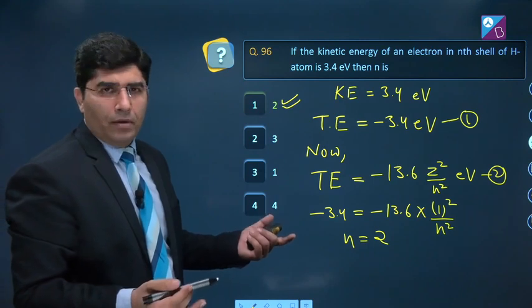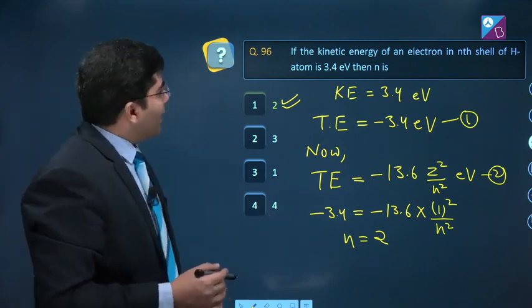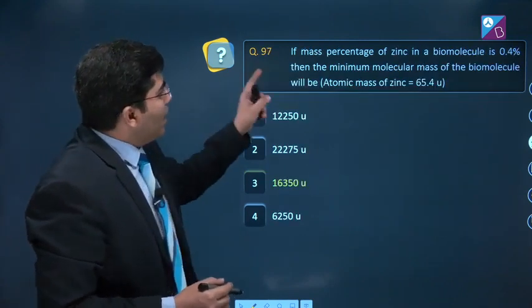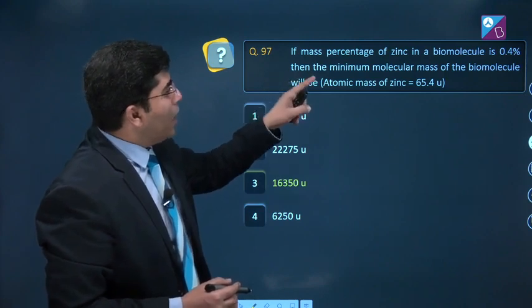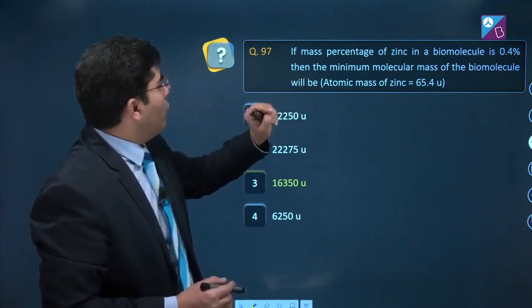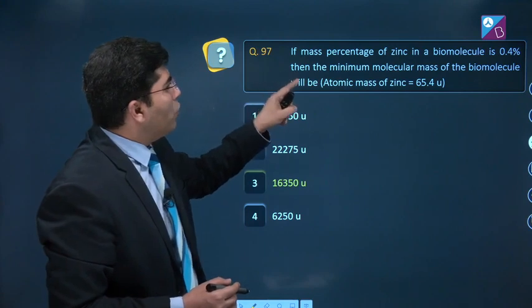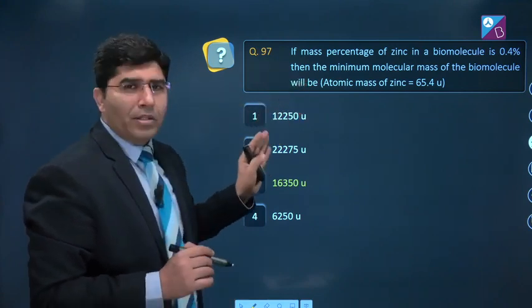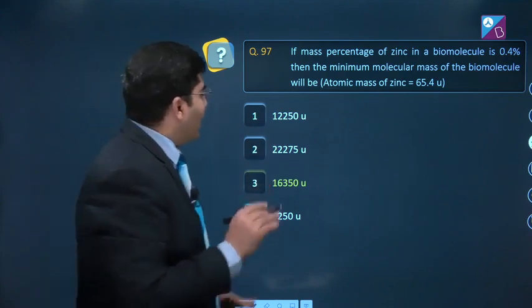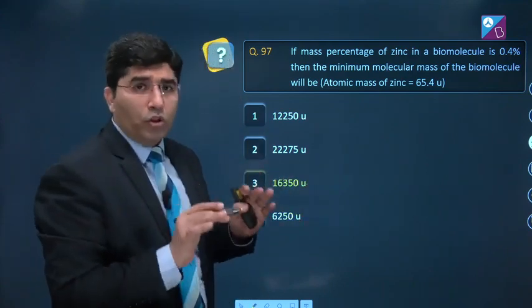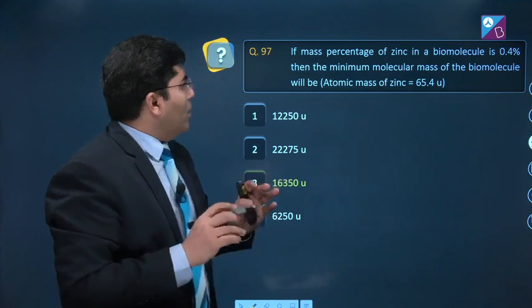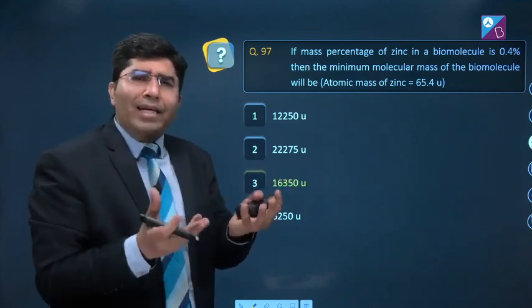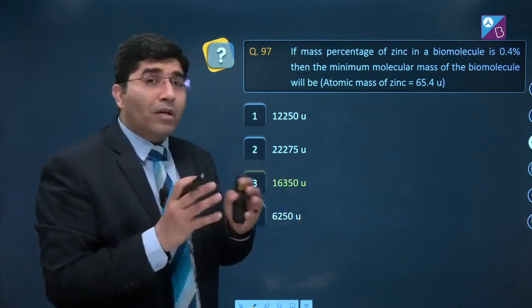So simple, right? Okay. The next one is, if the mass percentage of zinc in a biomolecule is 0.4%, then the minimum molecular mass of the biomolecule will be, an atomic mass is given to us, right? So what we can do in these kind of questions is, let us assume there is only one atom of zinc, and what is the mass of one atom?